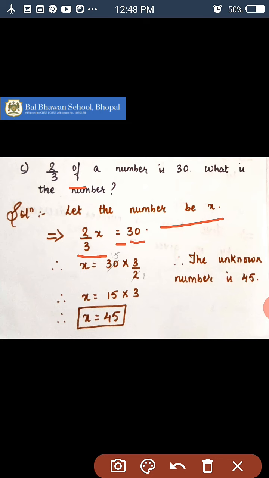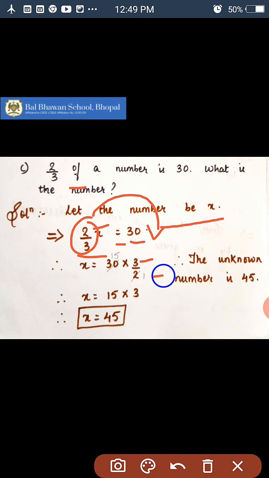Now, children, this 2 by 3 is in multiplication. When it goes to the other side of the equal to sign, the number in the denominator will move to the numerator, whereas the number in the numerator will move to the denominator. So 2 by 3 will go to the right hand side and become 3 by 2.